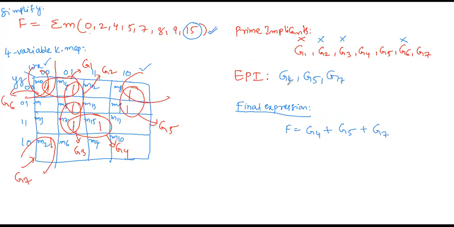Now check G4: M7, M15. G4 is covering M7, M15. Next, G5 is covering M8, M9. G7: M2, M0, it is covering these two. Now, these three essential prime implicants are not covering all the minterms in the given expression. So this is not our final expression.